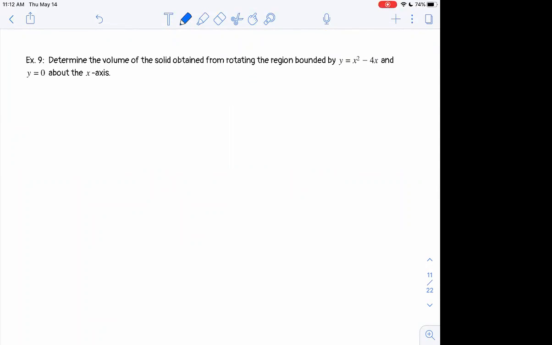And if you have time, maybe even set up an integral that would help you find the volume of this shape, okay? So I'll give you about 2 to 3 minutes to try this out, and then I'll put my work up on the screen and let's see how they compare.